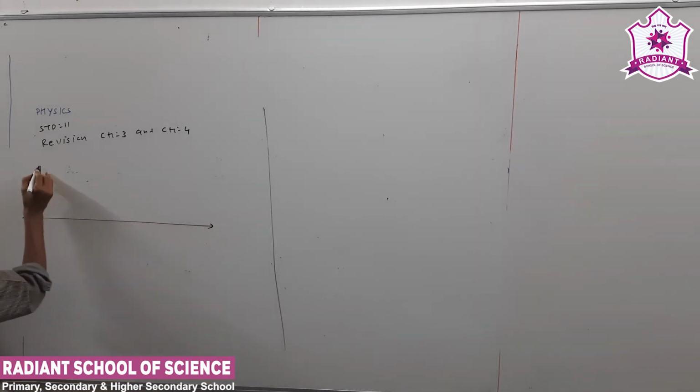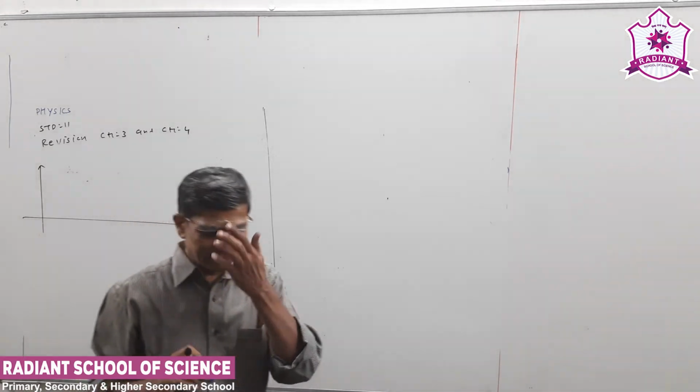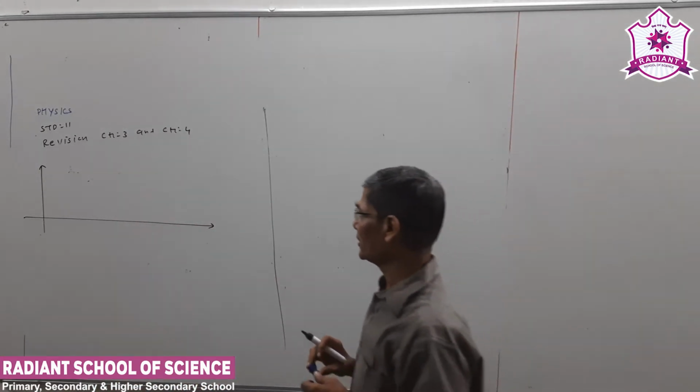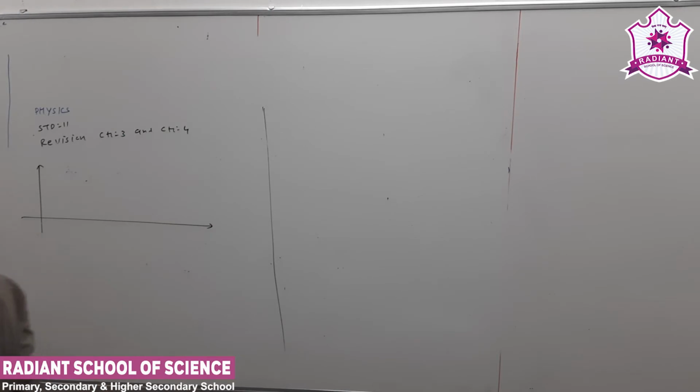Here we use an important property, that is, the area of the velocity time graph is the displacement.